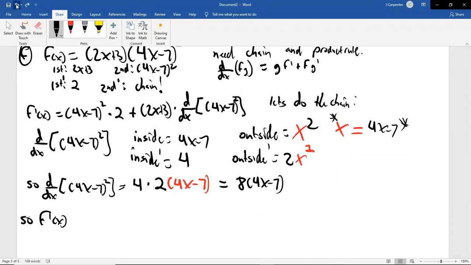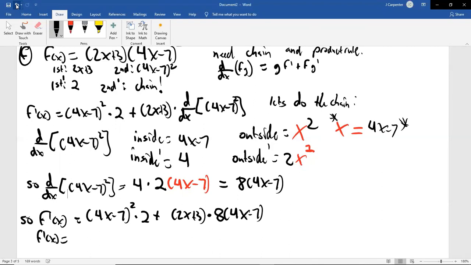So that derivative originally was, and I don't want to reorder things so you don't get confused, 4x minus 7 squared times the 2. That was the second times the derivative of the first, plus, here's the first, 2x plus 3, times the derivative of the second. So that's times what we just got of 8 times 4x minus 7. Clean it up.